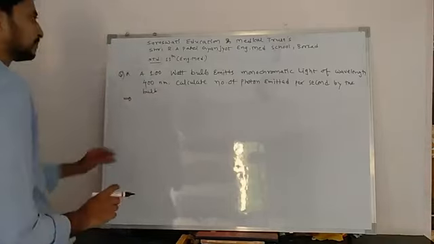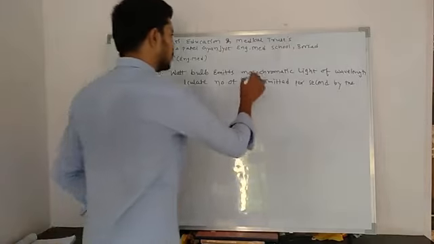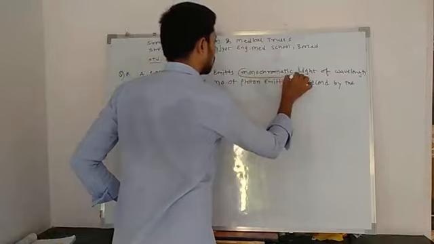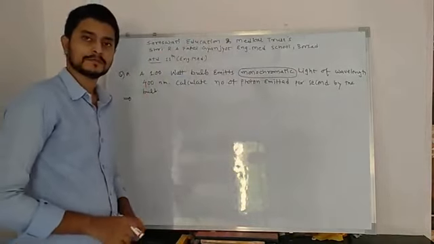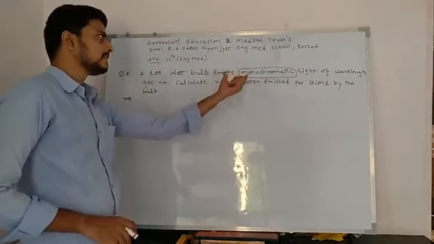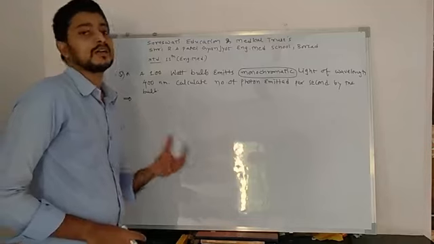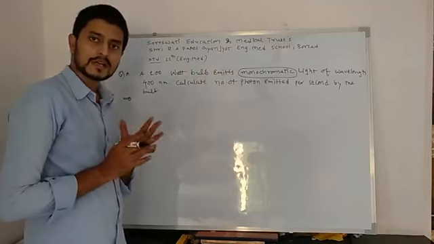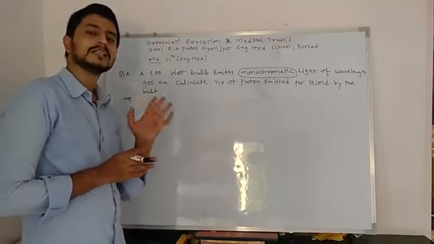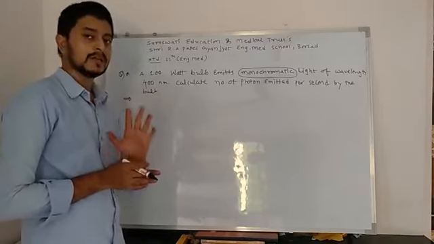Now it is very simple. Listen carefully. First, new terminologies arise over here. What is monochromatic light? Mono means single and chromatic means coloration. The light which appears as a single color, either blue, red, yellow, or whatever it may be.